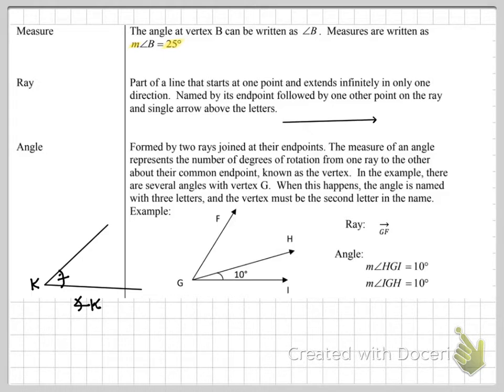Whereas over here in the picture that's given to you, you can't call something just angle G, because there's way too many things going on there. It could actually be three different angles. Actually, it could be more than that. Angle G, just angle G, which we avoid using if there's multiple vertices at that location.